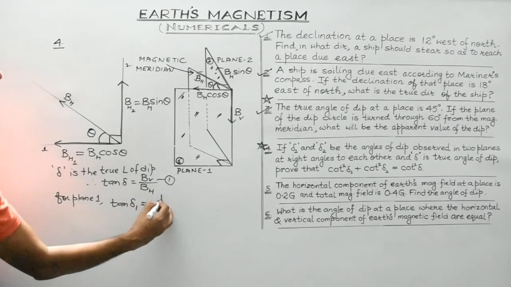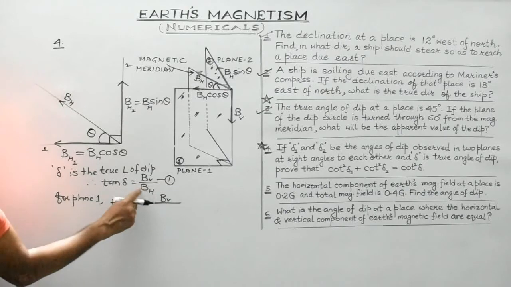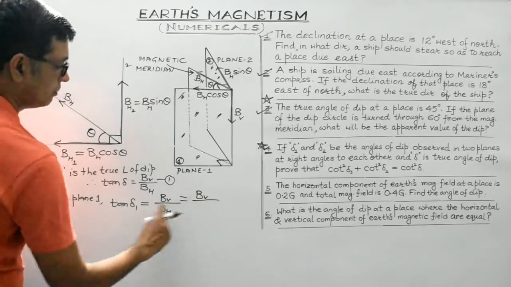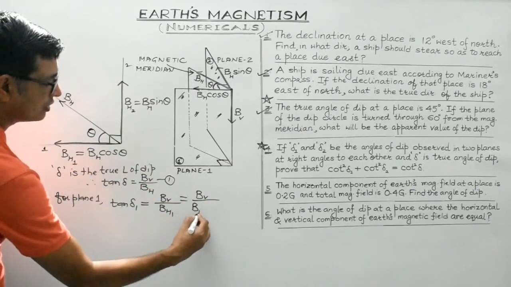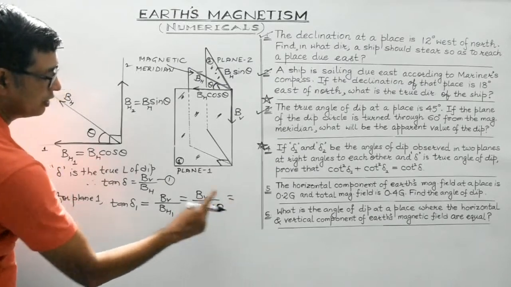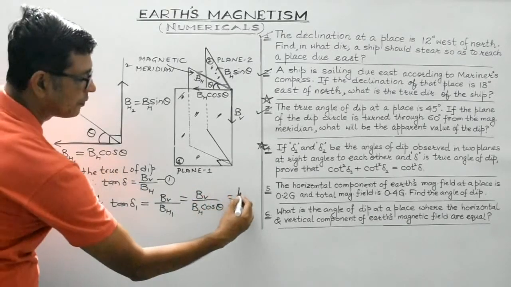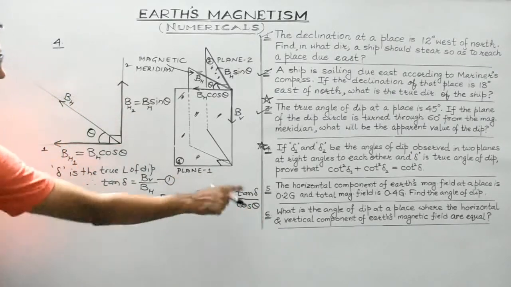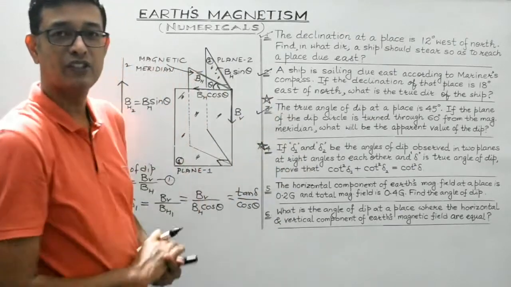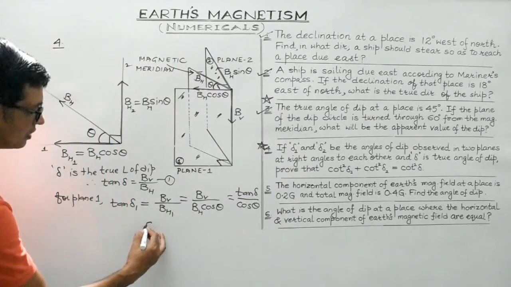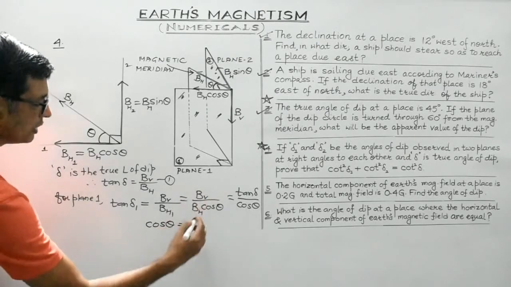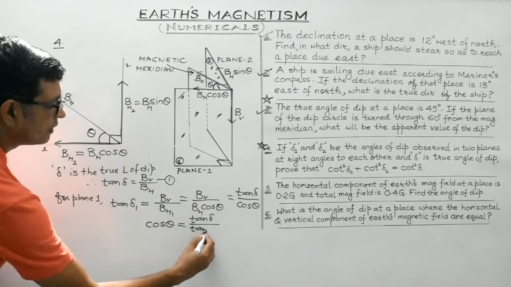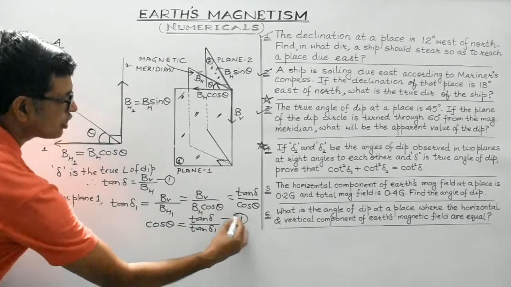Tan del 1 will be equal to BV divided by BH1, which is BH cos theta. Now BV by BH is tan del, so tan del 1 equals tan del divided by cos theta. This is the formula which we have proved in the previous numerical as well. So from here, cos theta equals tan del divided by tan del 1. Put this as equation number 2.